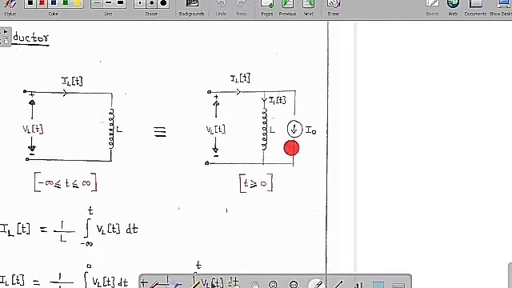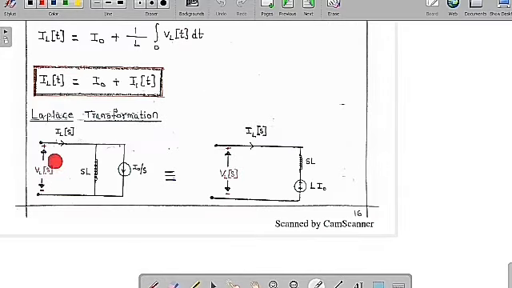So now what I am going to do is convert this circuit into Laplace domain. So this is going to become VL of s, IL of s, this will become SL, and this will become I naught by S. So same thing I have drawn here, VL of s, IL of s, SL, I naught by S. So I am going to convert this practical current source into a practical voltage source. The practical voltage source is nothing but the product of these two values.